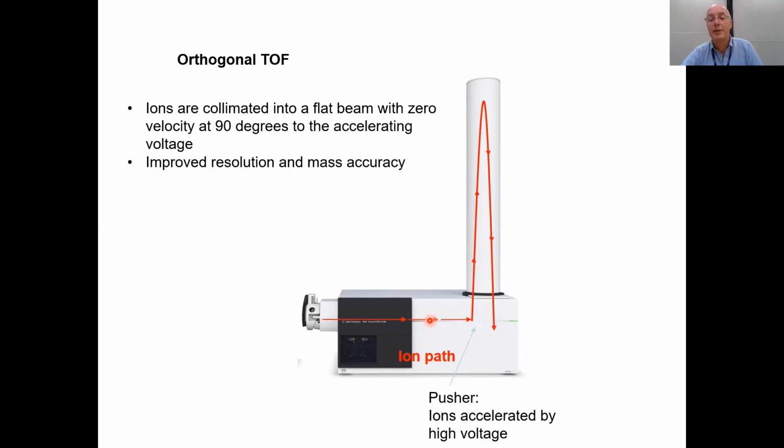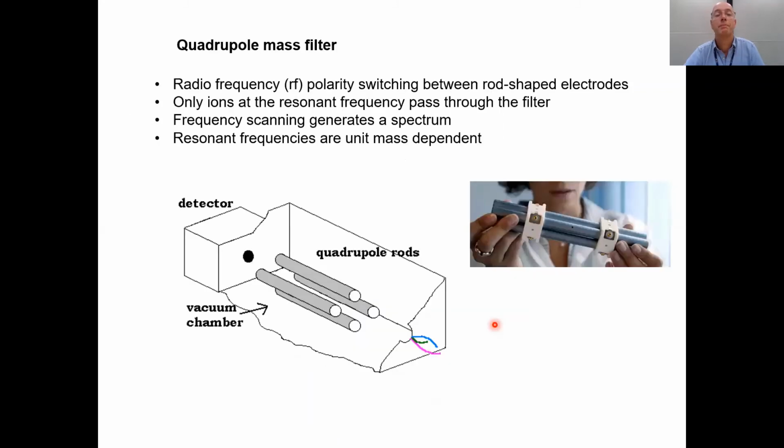If you apply accelerating voltage at 90 degrees to this beam, then everything will have zero velocity in the plane of acceleration. So you have a pusher here, you accelerate at 90 degrees to the ion path, and that again will give you improved resolution and mass accuracy. So that's a time of flight mass filter.